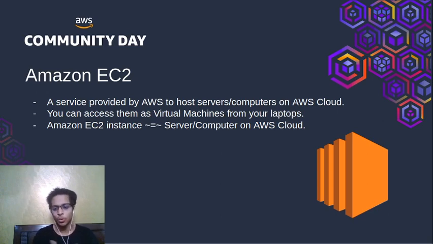Throughout this talk, if I say EC2 instance or server or computer, please consider them synonymous. To summarize, an Amazon EC2 instance is essentially a server or a computer on the AWS cloud. And yes, we can access them and execute commands on them as virtual machines from our laptops by means of SSH.